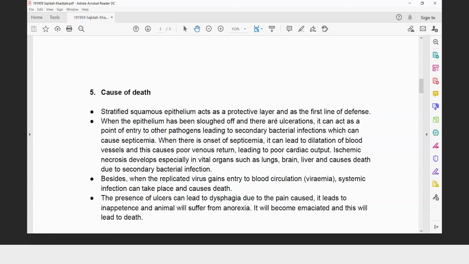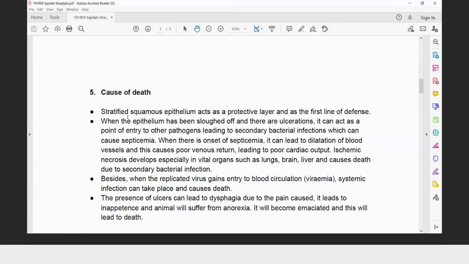Okay, and why does this ulceration occur? You have to reverse back, because the ulceration is because of the presence of erosion and vesicle. Then you go back to replication of the FMD virus in the stratum spinosum.